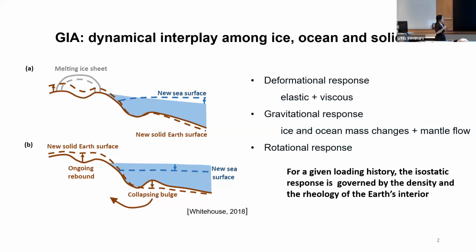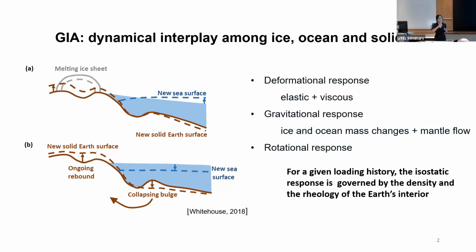This means when we put loads like ice on the Earth, we have two different deformational responses. One is the elastic deformation; it's the instantaneous response to this force. Another is the viscous response.